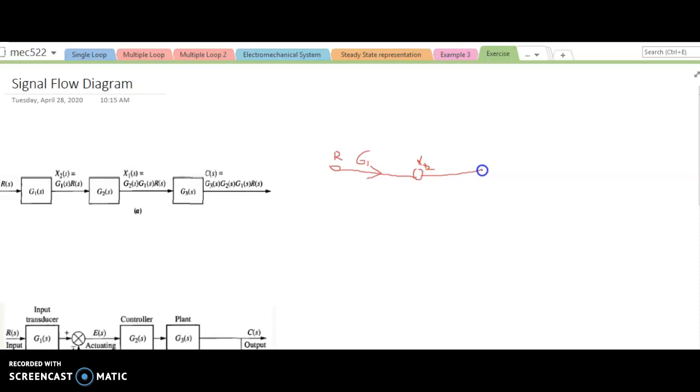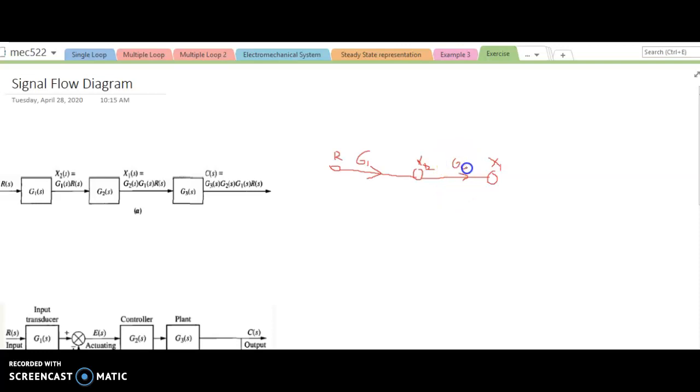Okay, and then next, sepatutnya kena buat node dulu. And then this one is X1, and then interconnect this one, G2.